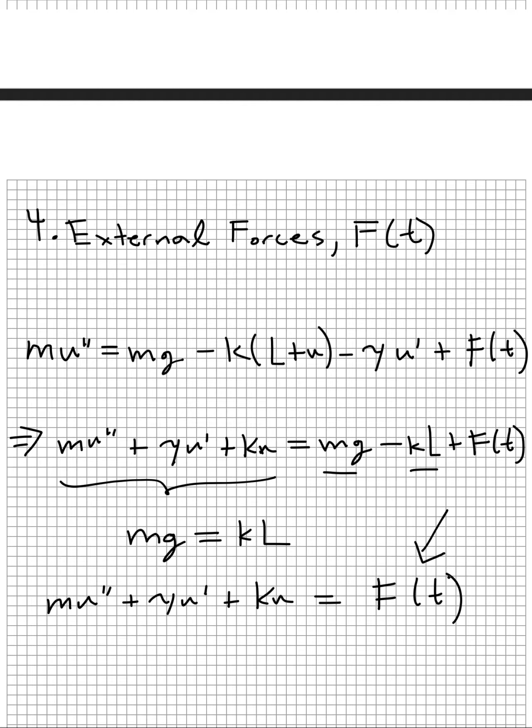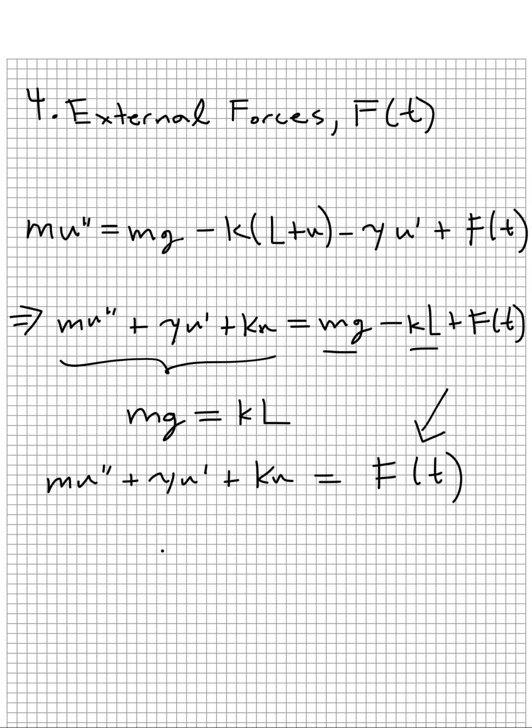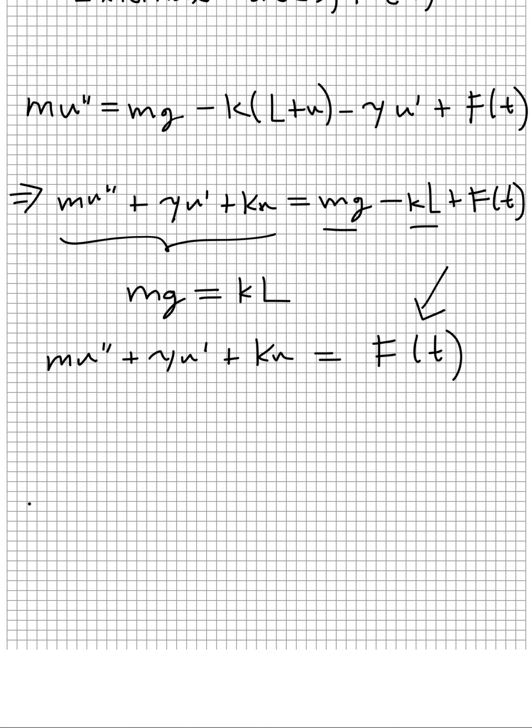And along with this differential equation, we will also have two initial conditions. Okay, the first one is u of 0 equals u sub 0, which is the initial displacement from the equilibrium position. So I'll just make sure I write that down.